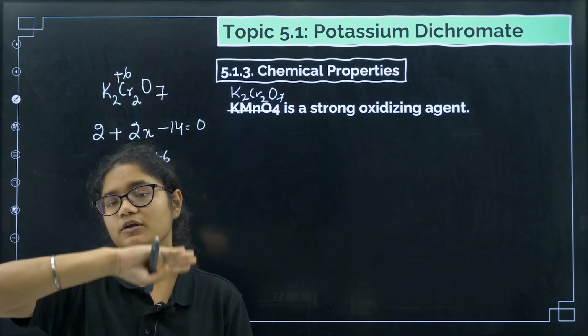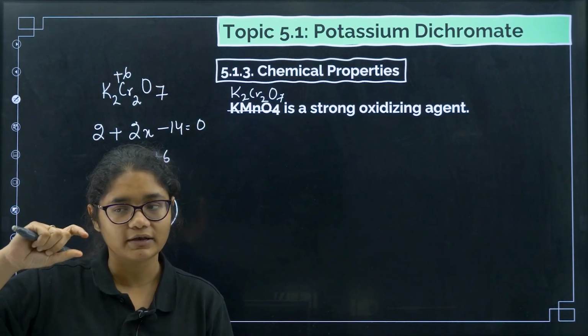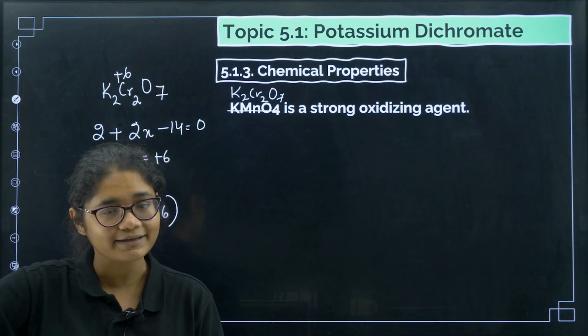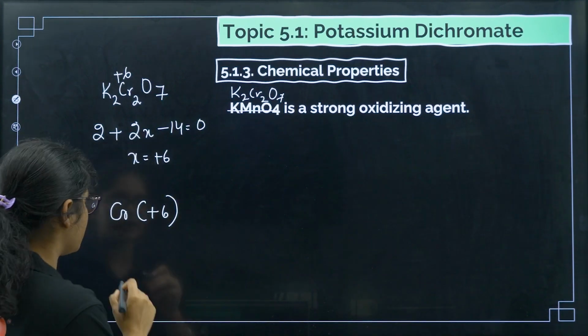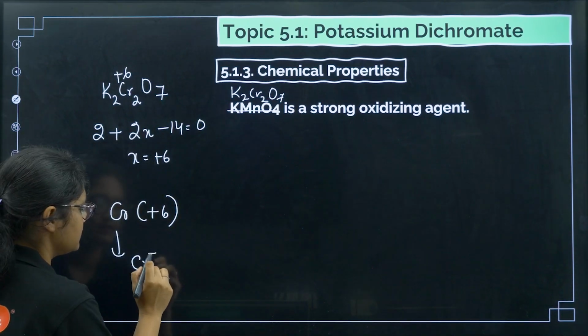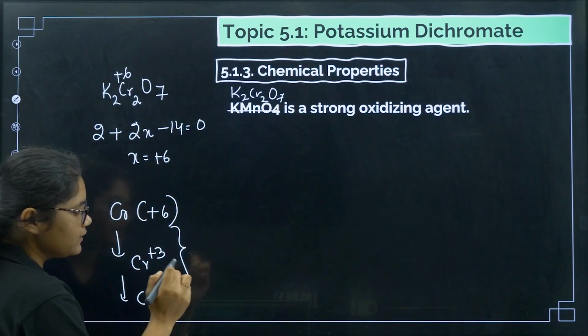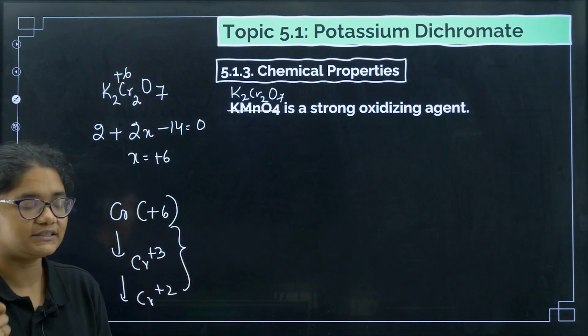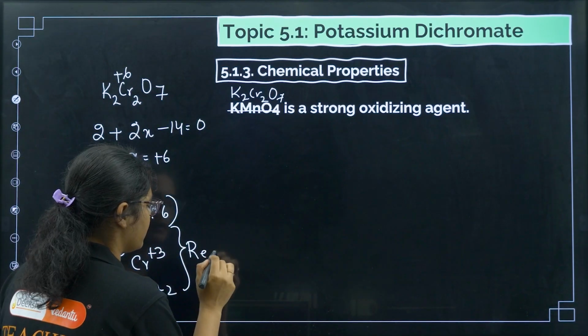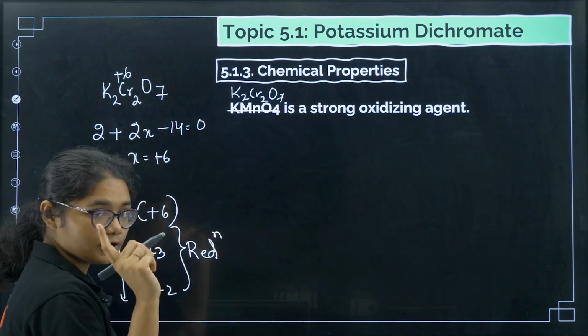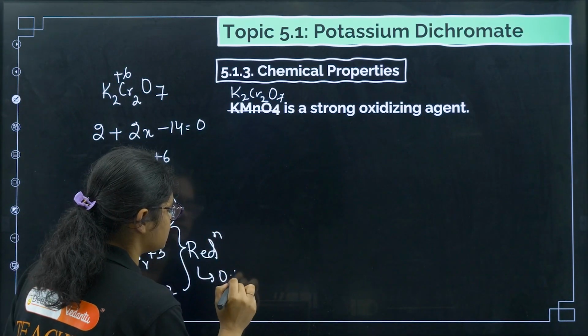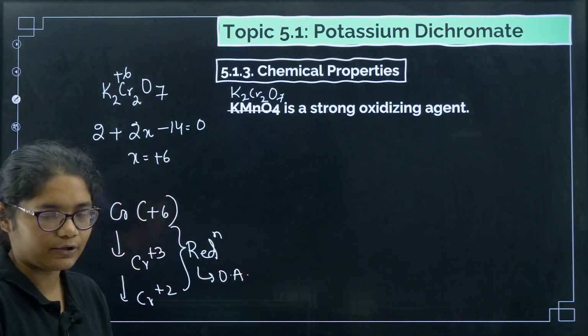That means it cannot go to higher oxidation states further. What it can do is come back to lower oxidation states, right? Now when an element comes back to a lower oxidation state, what is this process called? Reduction. And the element, if it is undergoing reduction, behaves as an oxidizing agent, right? I hope this is clear.